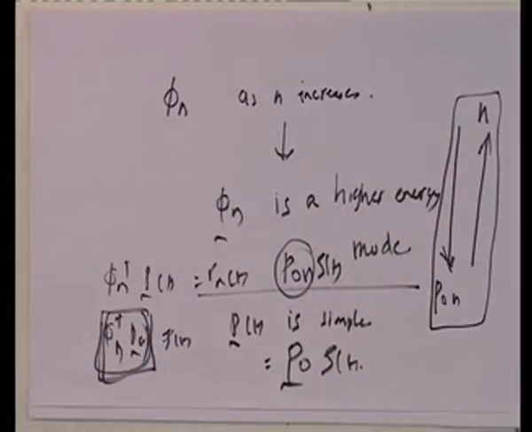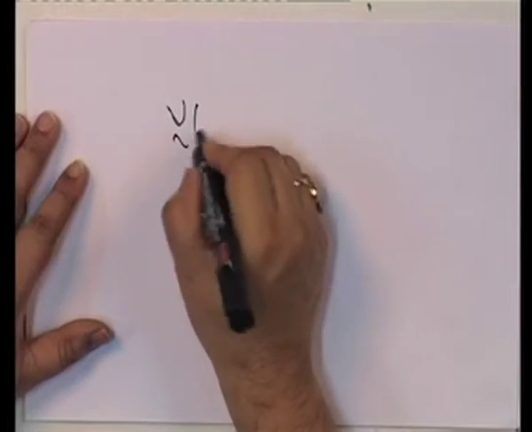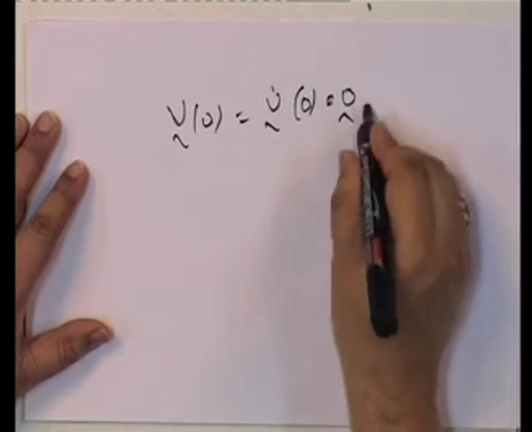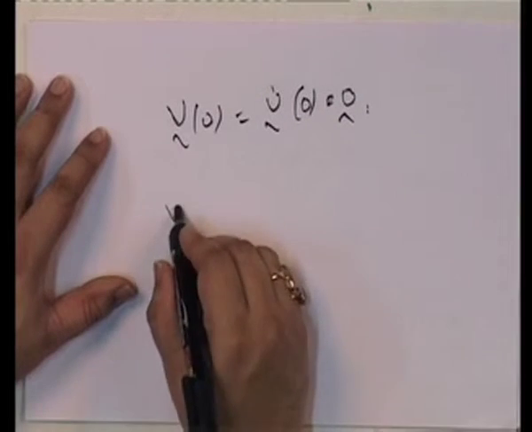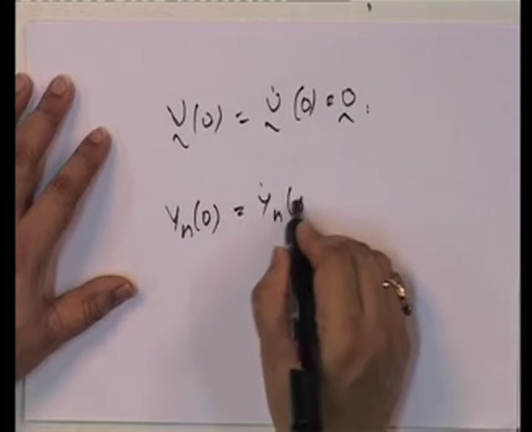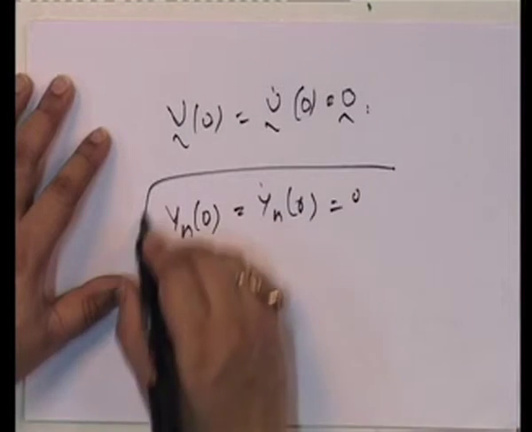So, what happens is, if the higher modes are not being excited because there is no loading, and typically what do you have? Typically you have this kind of a situation. It is a 0 vector. With 0 vector, you can see that yn 0 is also equal to 0.